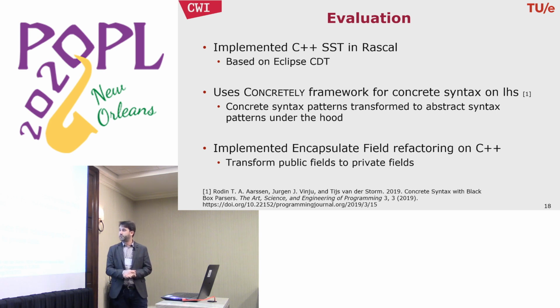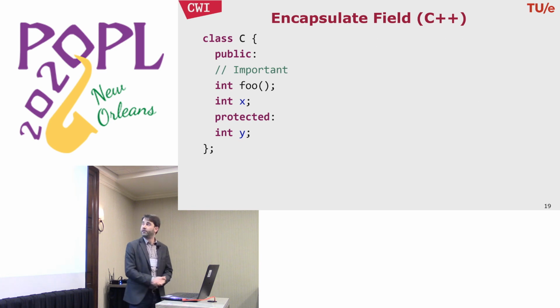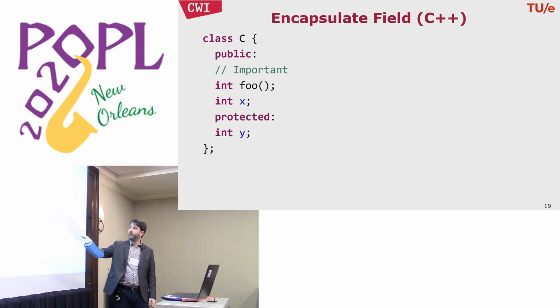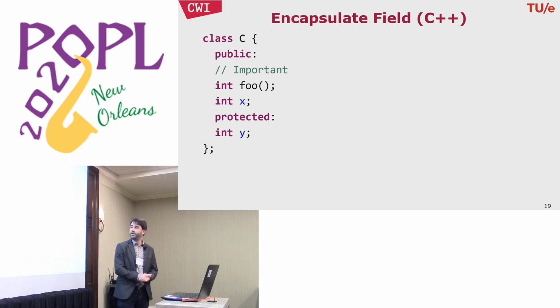And what we did was we implemented the encapsulate field refactoring for C++, which intends to transform public member declarations into private member declarations. Just as an example here, consider the C++ class definition here. As you can see, there is a function declaration here, which is not a target of the refactoring, but the variable declaration x here is.